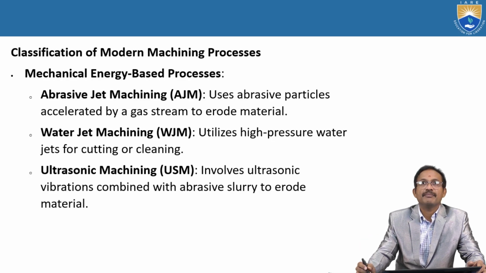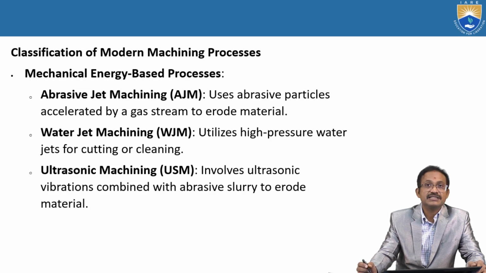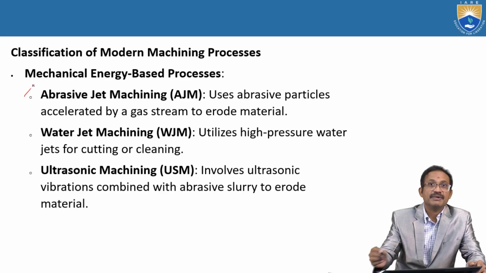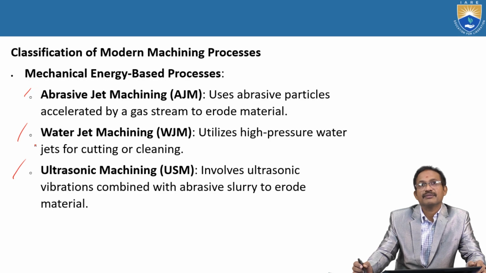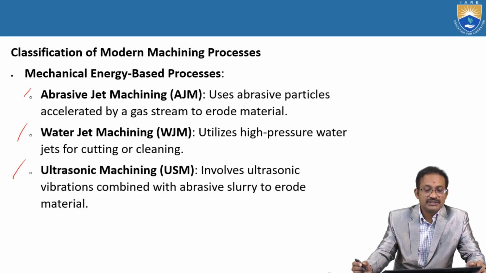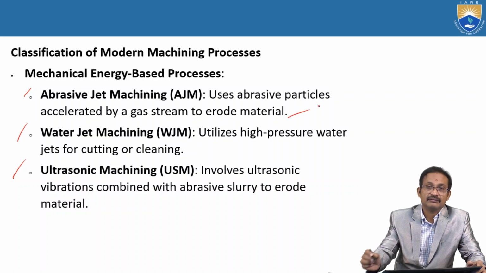Classification of modern machining processes: mechanical energy based processes, abrasive jet machining, water jet machining, ultrasonic machining. Abrasive jet machining uses abrasive particles accelerated by a gas stream to erode material.